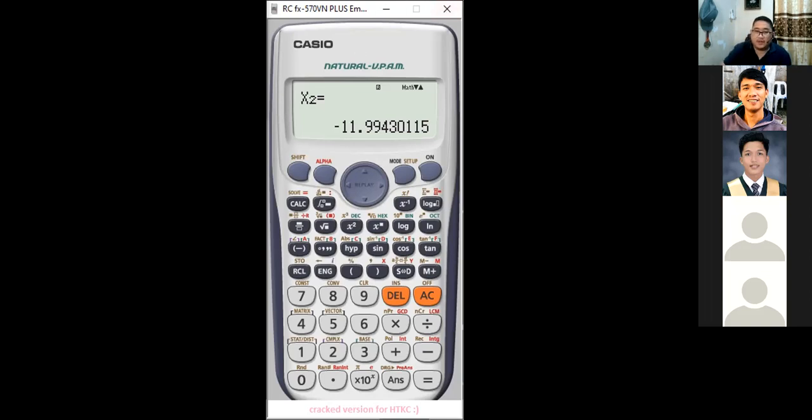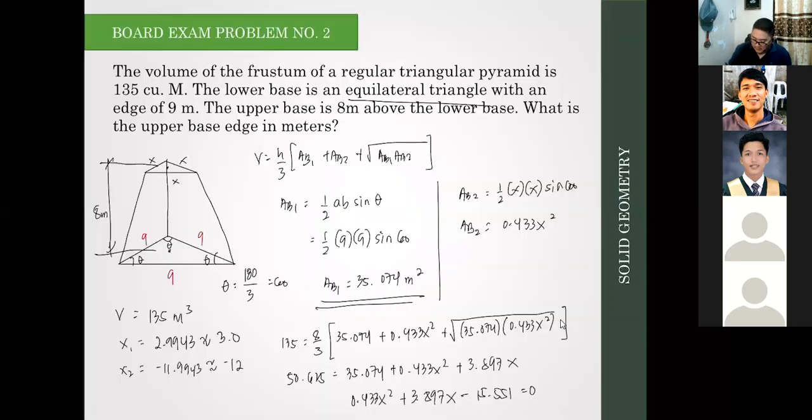So therefore, our answer should be yung positive value na nakuha natin for x, which is yung 2.9943 or equivalent sa 3. Okay? Therefore, ito sinulat ko na. Ang ating sagot is yung x value na 3. Okay? So, 3 meters pala yung edges natin.